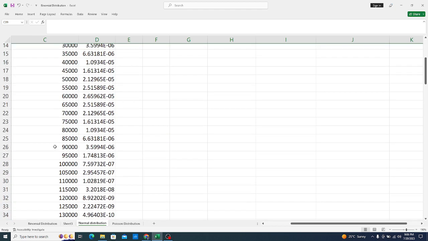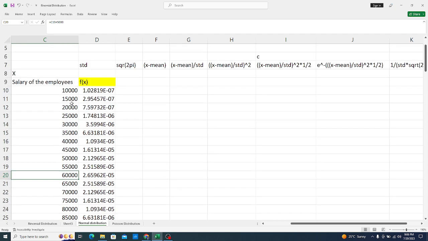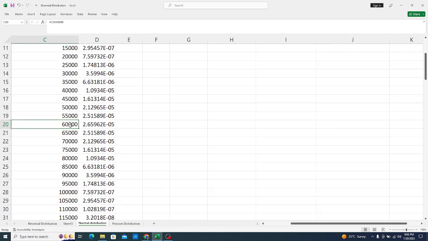So let's try and see the probability of salaries around 60,000, because remember we said the mean or average salary of all the employees is 60,000. You can see the probabilities are high around this salary range.